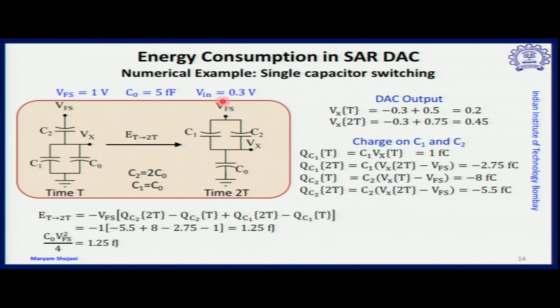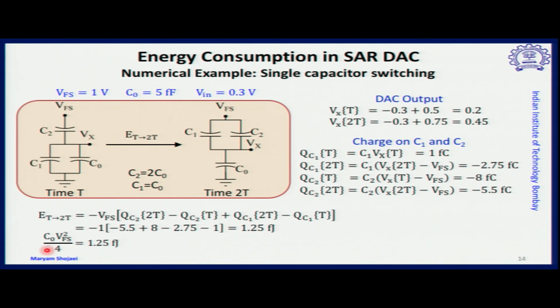And the input voltage is 0.3 volt, which is a typical number. So now if we take the same example we had before with these values and calculate the change in the voltage values and therefore the effective charge which is drawn, we will see the value will be 1.25 femtojoule. Therefore, this single capacitor switching, moving from Vref by 4 to 3 Vref by 4, results in 1.25 femtojoule of energy dissipation.